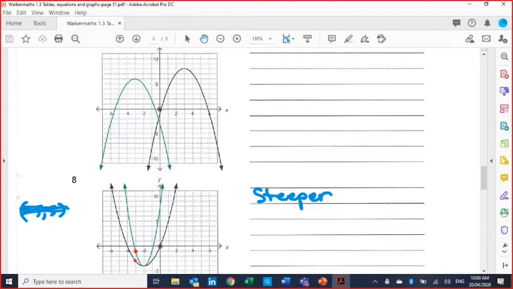So for the black line, I'll just do that in black so that you know that I'm dealing with the black line. For the black line, that's the point -3, -3. But for the green line, that's the point -3, -1.